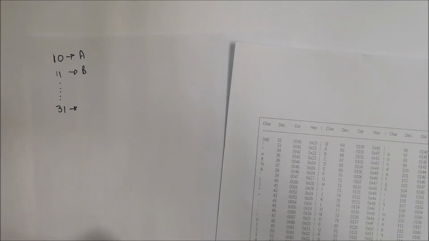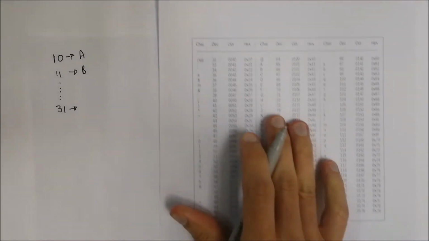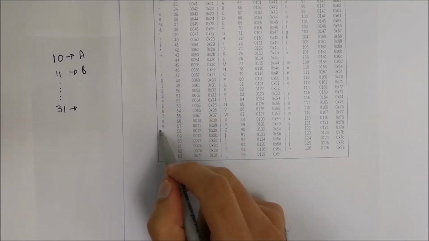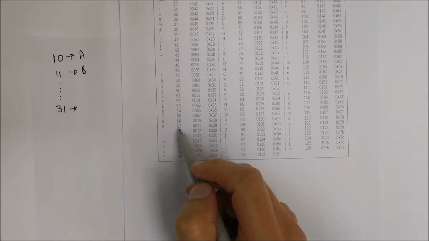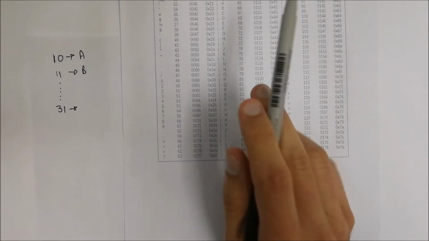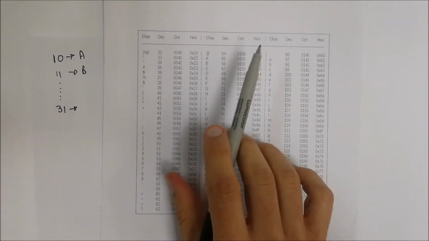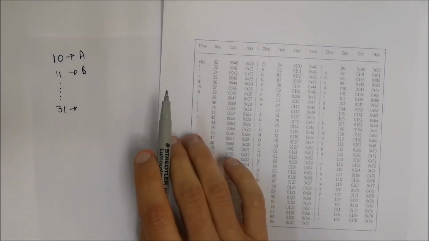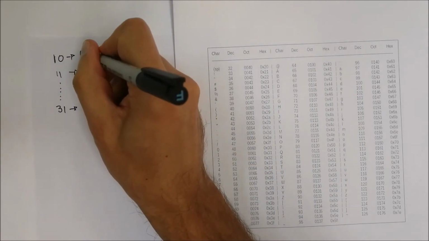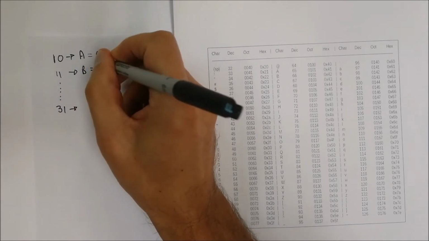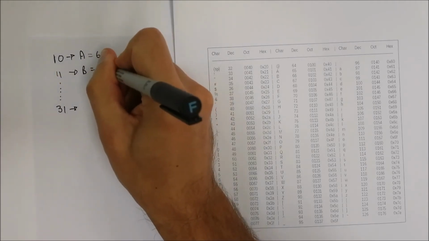Okay, so we know that the numbers 0 to 9 are represented by the ASCII of 48 to 57. We also know that the letter A is represented by the number 65. So how can we correlate a 10 to be equal to 65? 11 to be correlated to a 66.